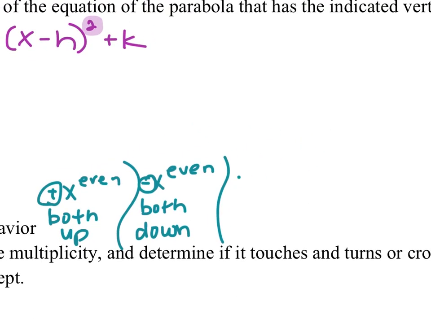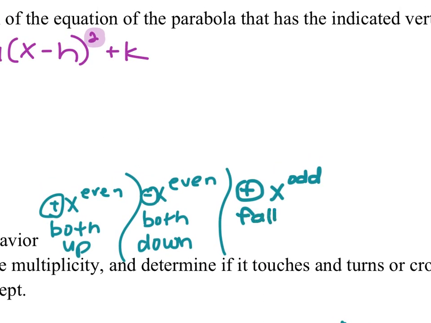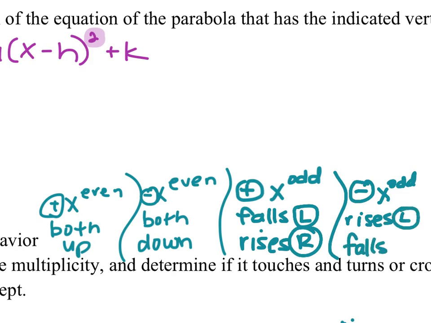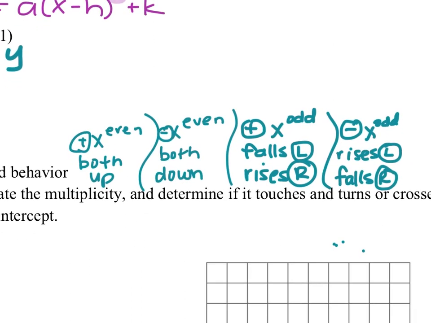If x is raised to an odd power and positive, then it falls left, rises right. And if it's a negative and an odd power, then it rises left and falls right. So for those, you always look at the highest exponent, not necessarily the first one.